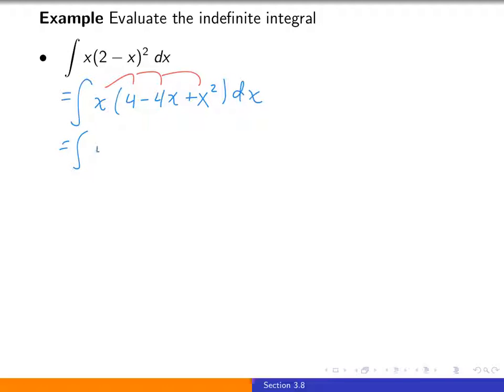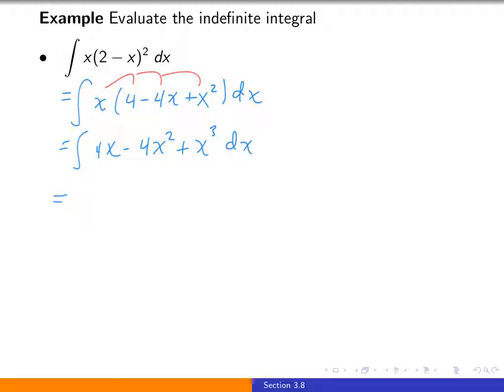So the indefinite integral of 4x minus 4x squared plus x cubed. So anti-differentiating now, and I'm going to do it a bit more quickly than the previous examples, just doing this term by term. So in that first piece, it's x to the first, so our n is 1.